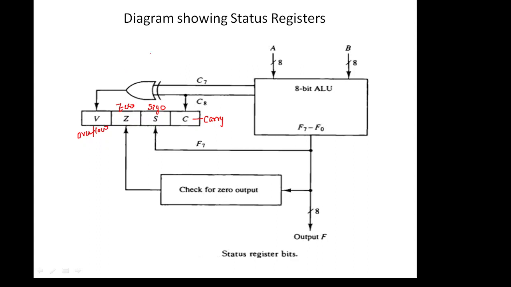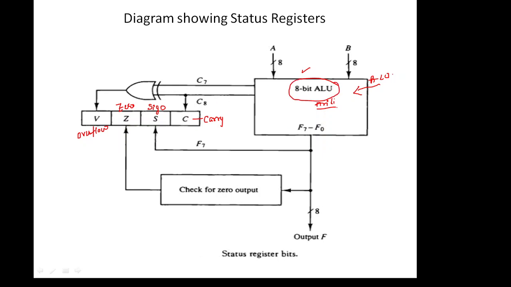Based on the output of the ALU, these flags are going to be set or reset. Suppose I have added two numbers, we have to check in the ALU whether it produces a carry or not. ALU means arithmetic and logical unit, as we all know, and all the arithmetic and logical operations are done in the ALU. Instead of checking the ALU each and every time, we keep the flags.